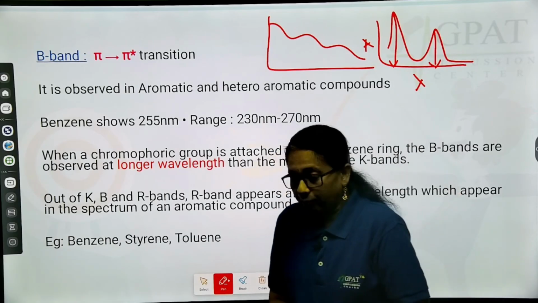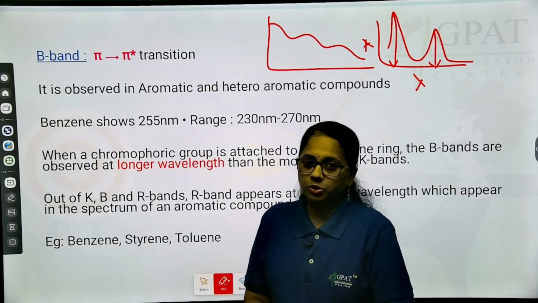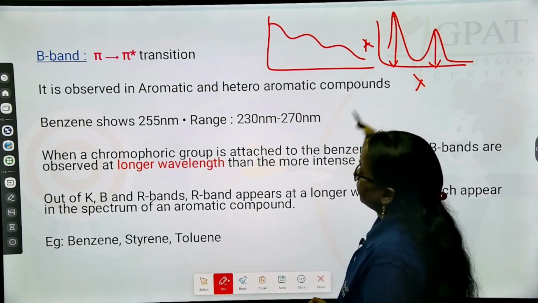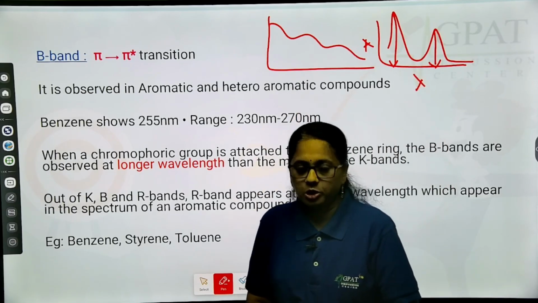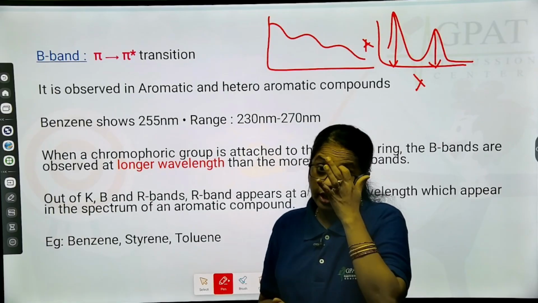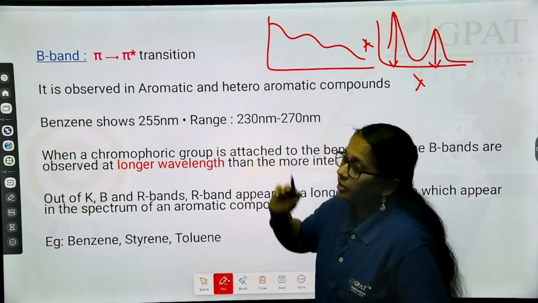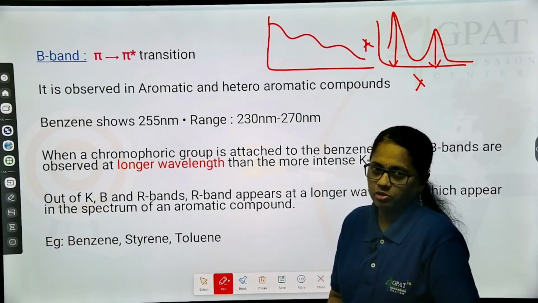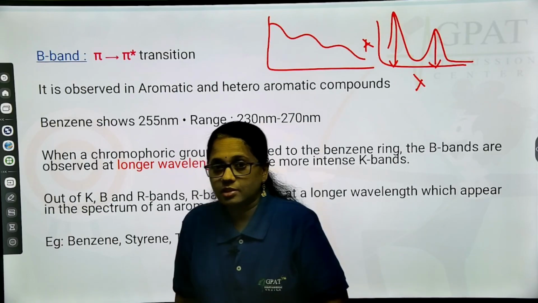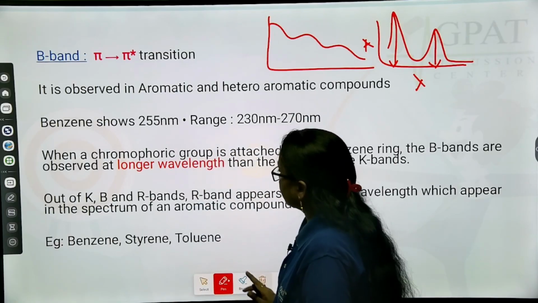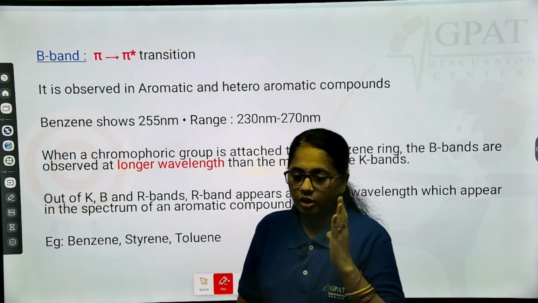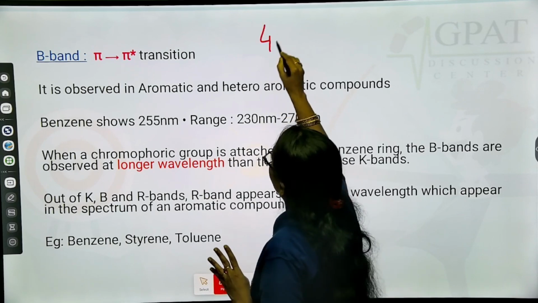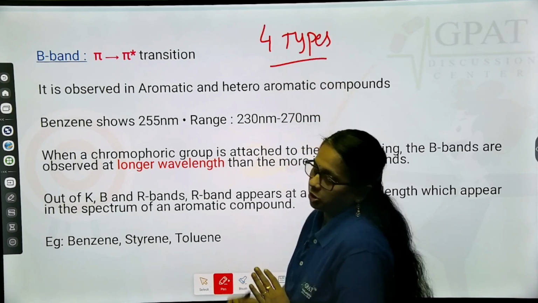Now, whenever we see such a spectrum in molecules by giving UV energy, you are going to see different types of absorption bands also, okay. So let us see the types of absorption bands. Majorly, there are 4 types of absorption bands that occur in molecules, okay.